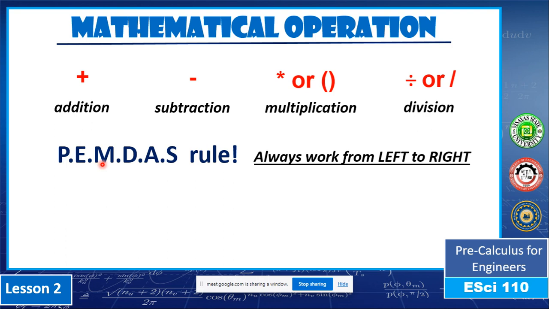For the multiplication and division, sila din yung parang magka-partner. Whichever comes first, kapag multiplication, multiply. Kapag division, i-divide. Then, ito din yung addition tsaka subtraction, yung pinakahuli. Whichever comes first sa kanila is yung mauna. If ever subtraction yung mauna, mag-subtract ka. Kung addition, mag-add ka. So, ganun yung PEMDAS rule.